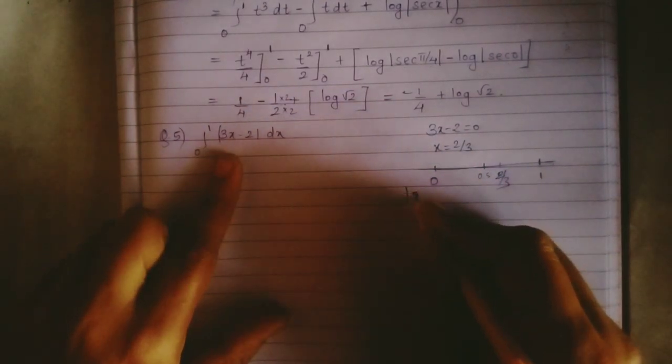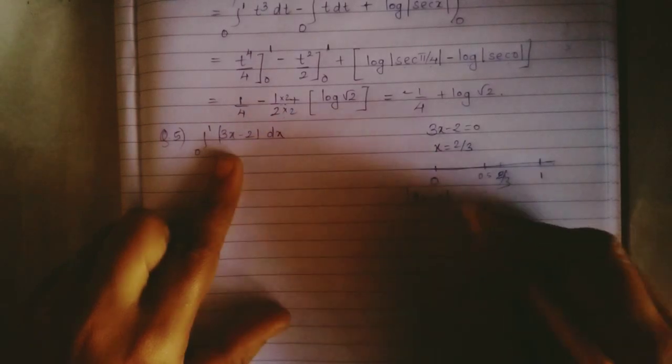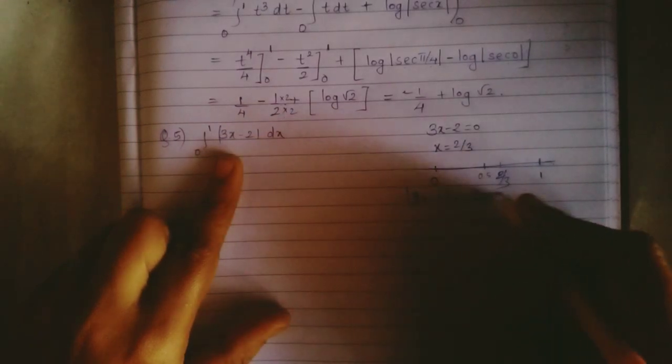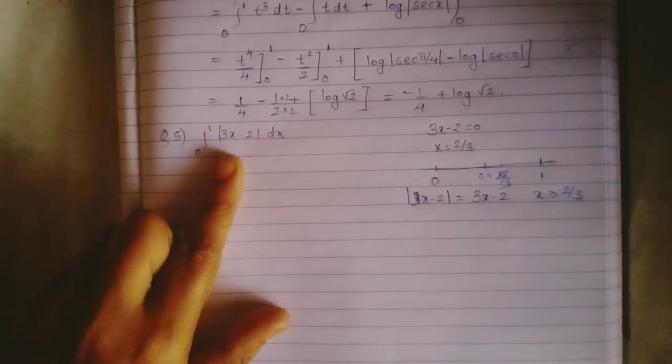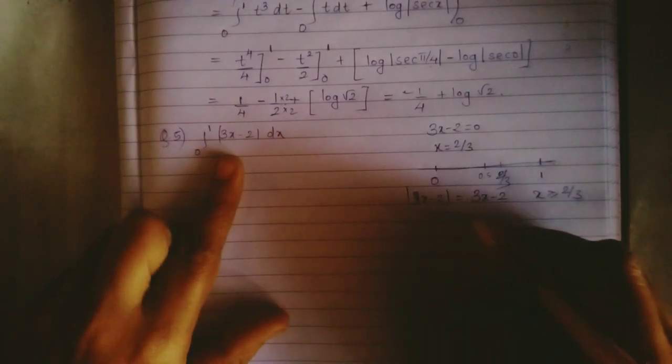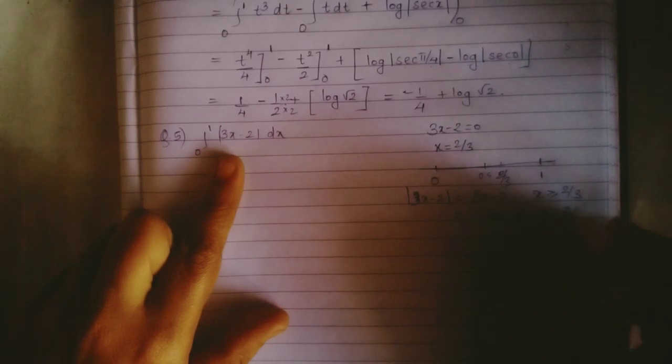Mod of 3x minus 2 is positive when x is greater than or equal to 2 by 3, and minus (3x minus 2) when x is less than 2 by 3.